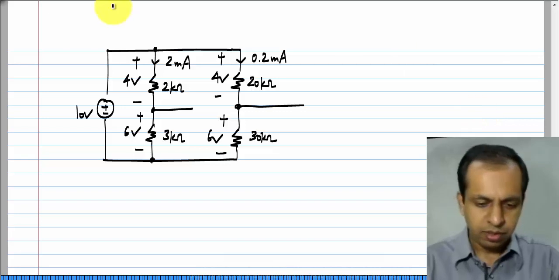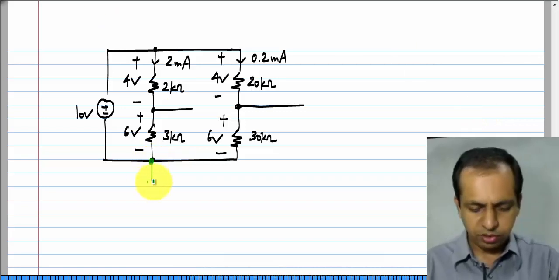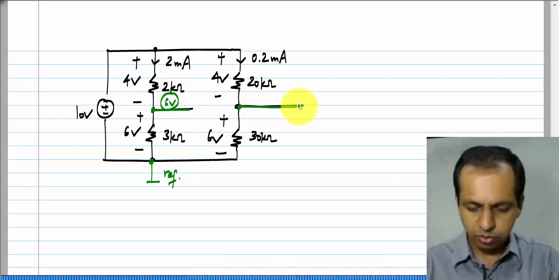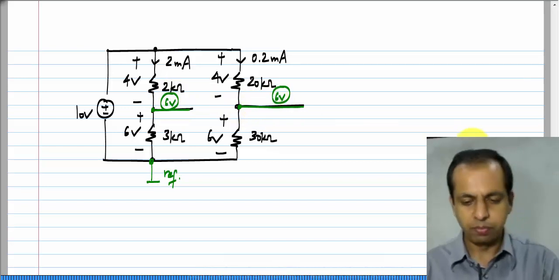Now, let us say we take this as the reference node. We see that this node voltage here is 6 volts and this node voltage here is also 6 volts.